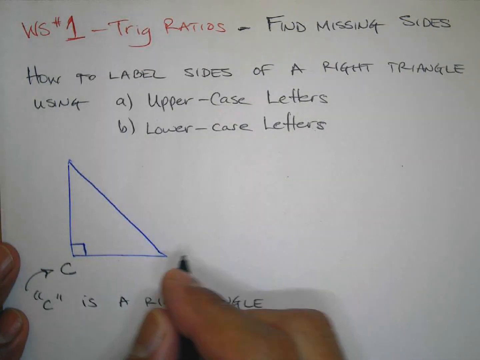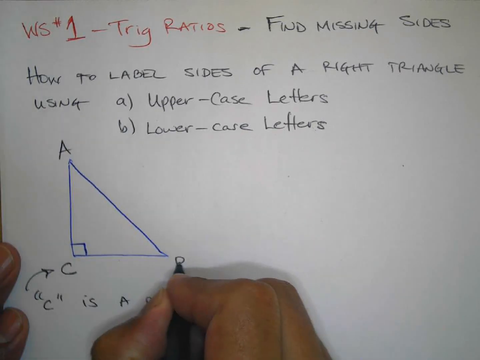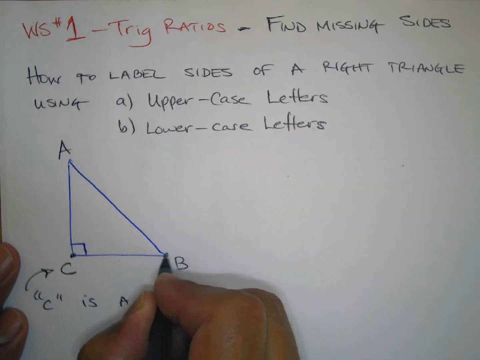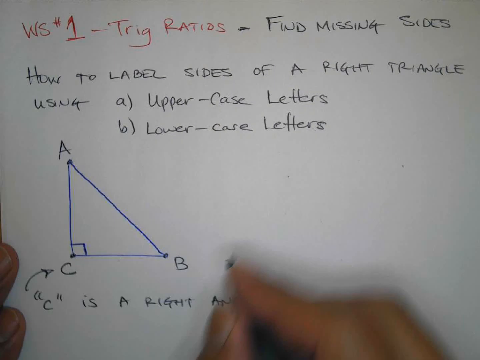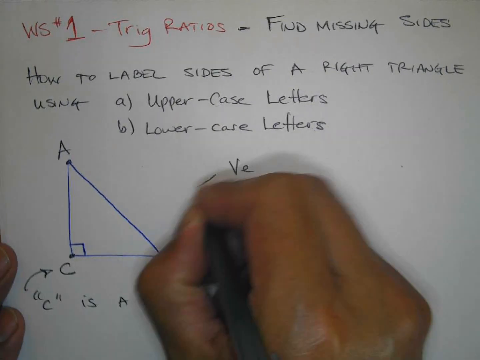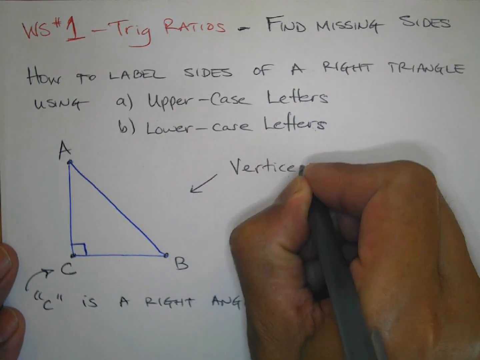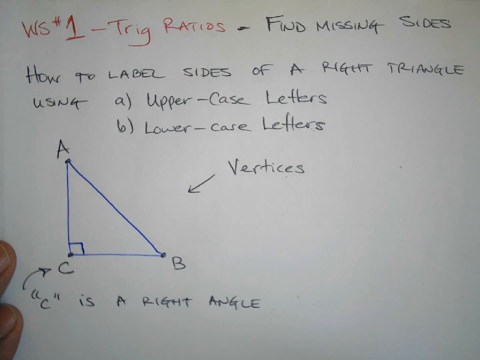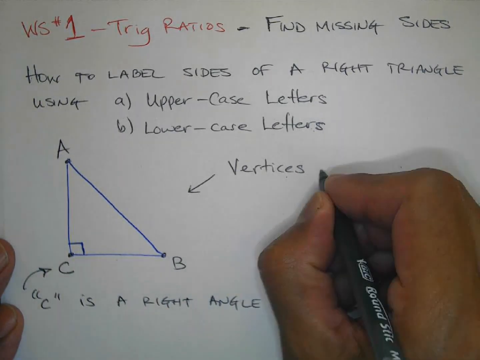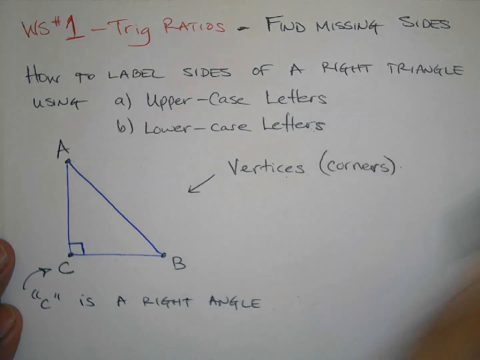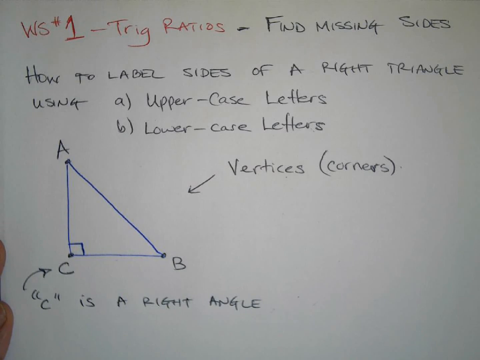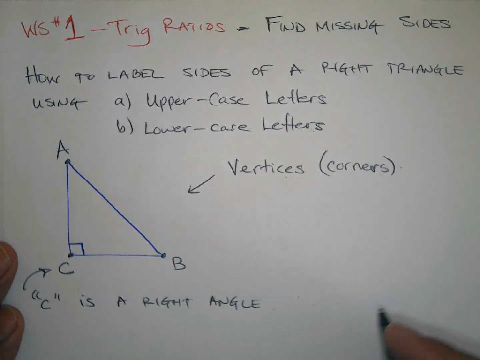We'll put the A here and the B here. So pretty much these corners are the vertices. The vertices of a triangle, right? That's the correct terminology, the correct word. These corners for a right triangle, you always use capital letters.